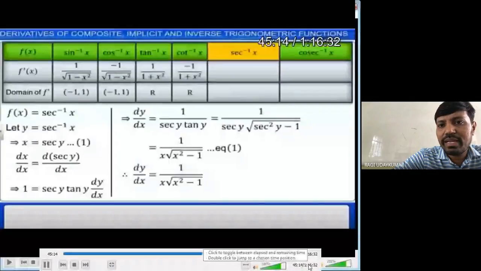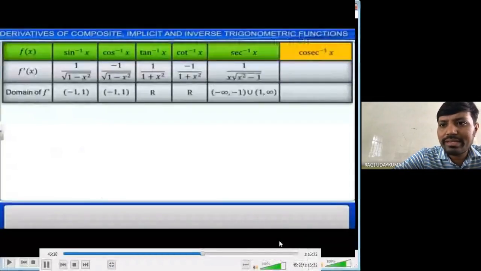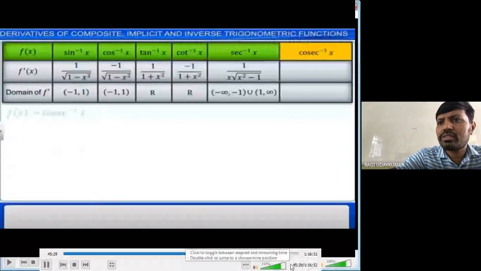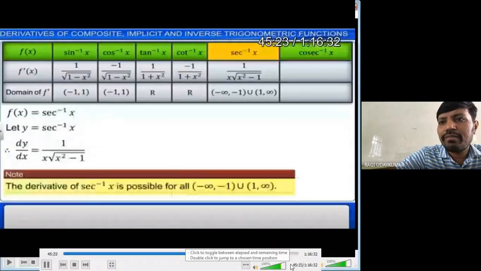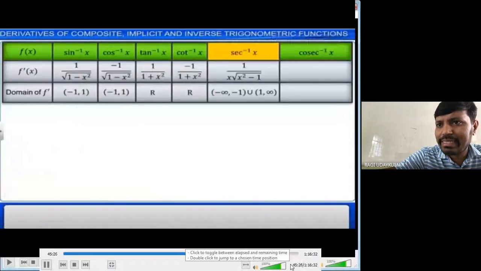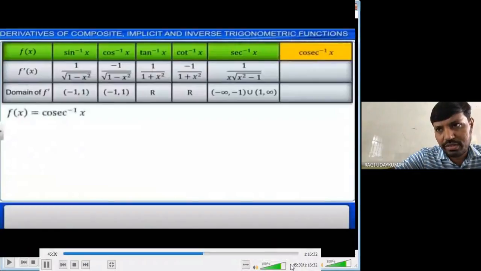Secant inverse x, whenever you are seeing, y equals secant inverse x. Here the same process, whenever you are solving, we are going to get 1 by x into under root of x square minus 1. Cosec inverse x also goes in the same way.